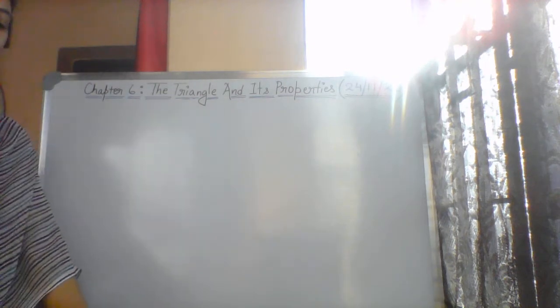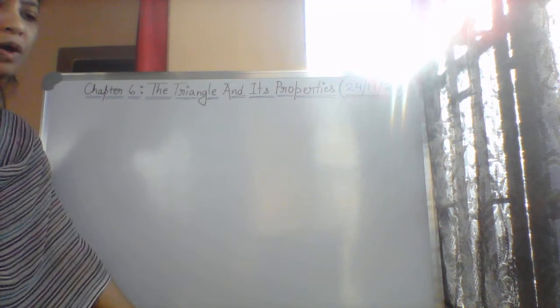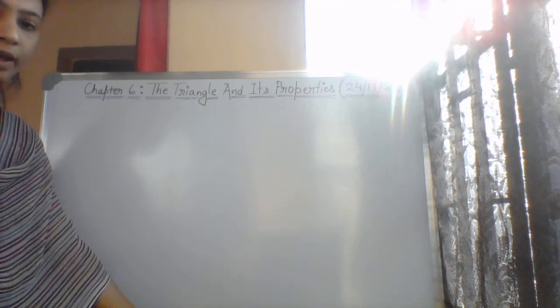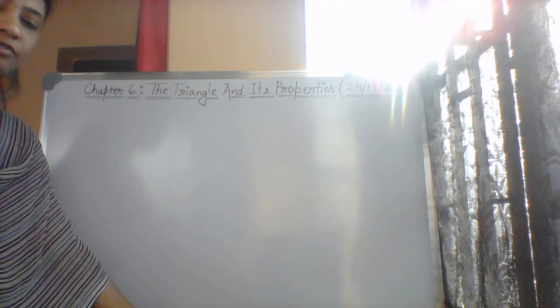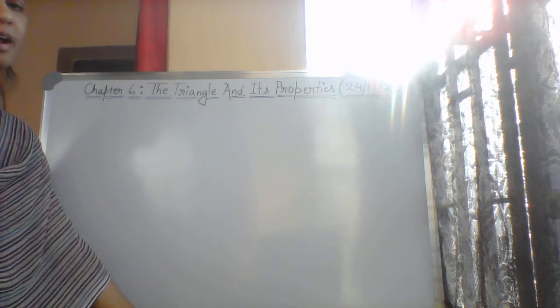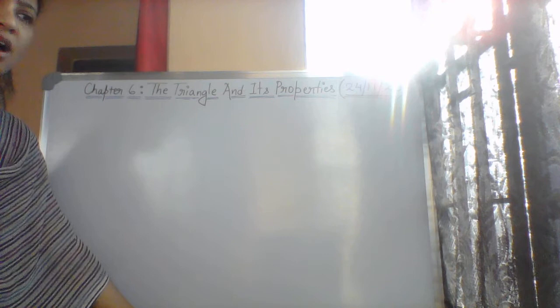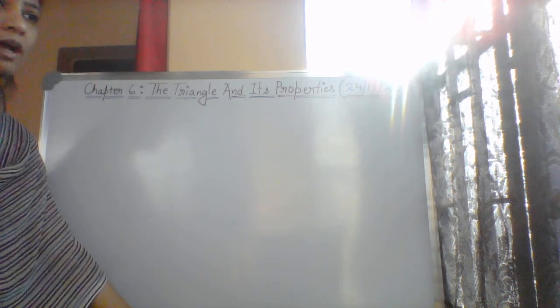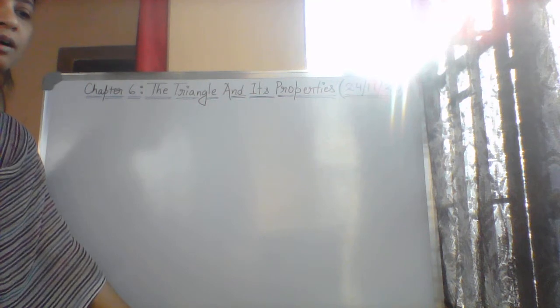Now, I hope you have learned about different types of triangles. You have learned scalene triangle, equilateral triangle, isosceles triangle, then acute angle triangle, obtuse angle triangle, right angle triangle, many types of triangles, and you know their names and properties.